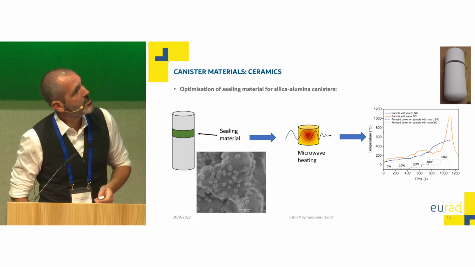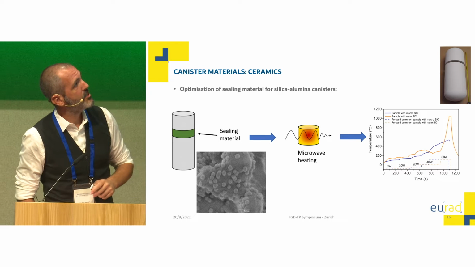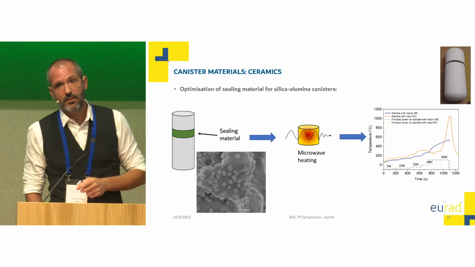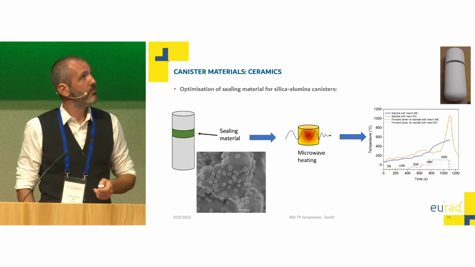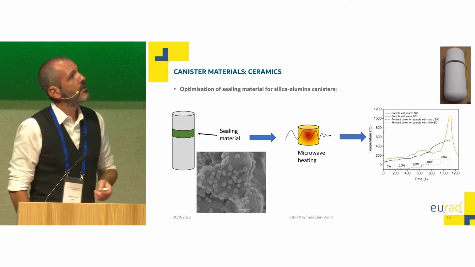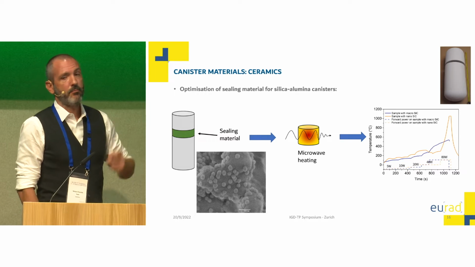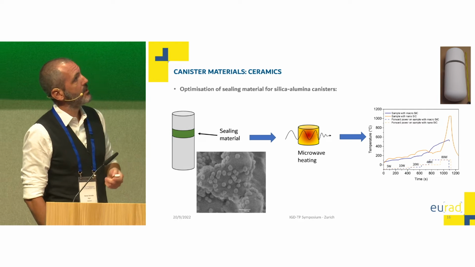You can already see that with some nanoparticle functionalization of the sealing material, we can get up to 1000 degrees Celsius at a heat input of 80 watts. So pretty good improvement. If we are able to solve this, I think people may reconsider the use of ceramic canisters.